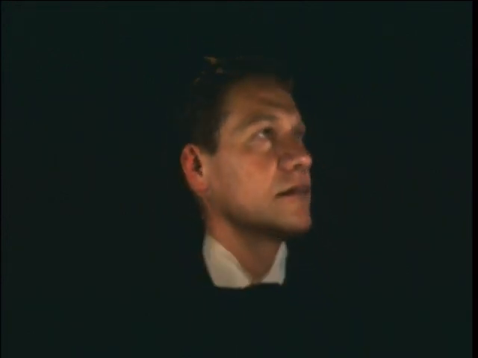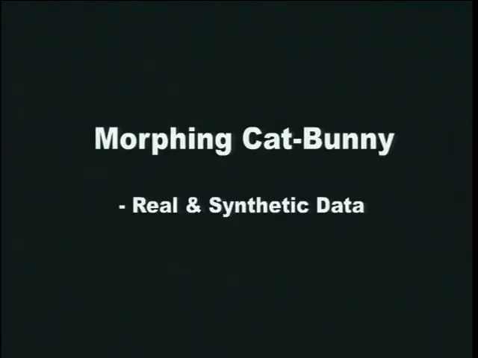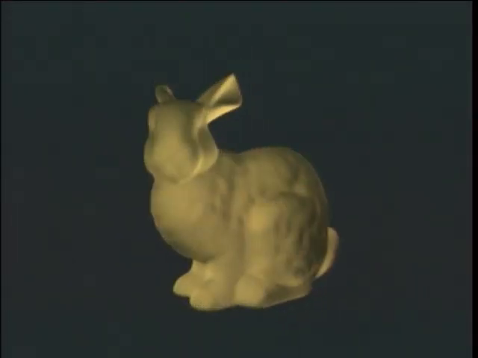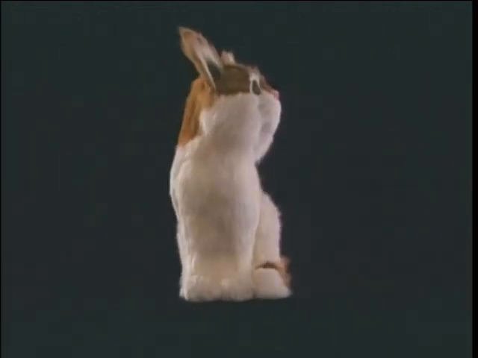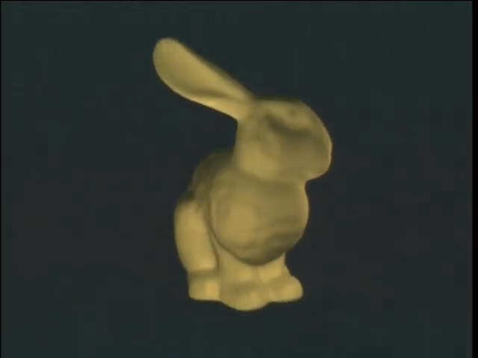Now we show some sample results. Our first example is a facial morphing in 3D. In this example, both light fields are synthetic data rendered from cyberware scans. Here is another example with a cat and bunny. The cat light field is acquired from a real furry cat toy.